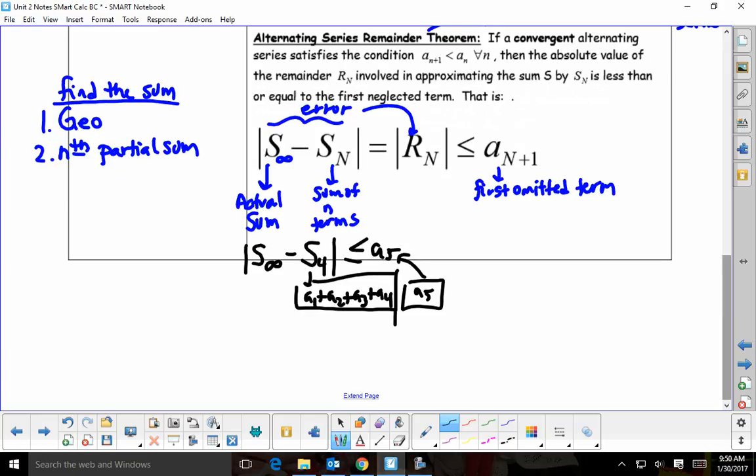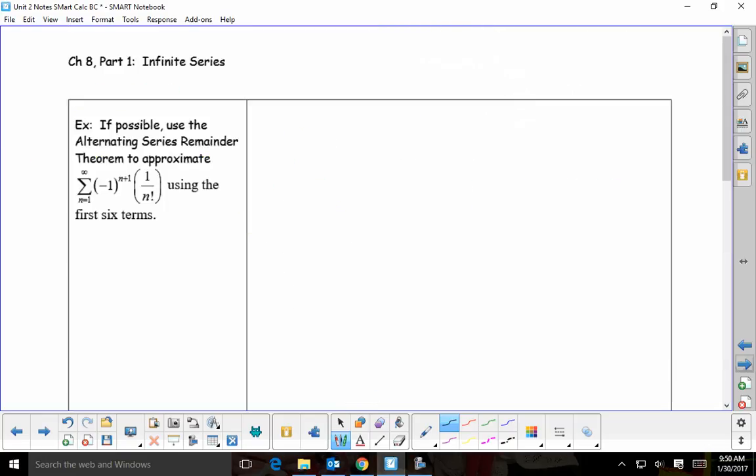So let's go put it in an application. Okay. If possible, use the alternating series remainder theorem to approximate this using the first 6 terms. Why do I say if possible? What do I first have to show?